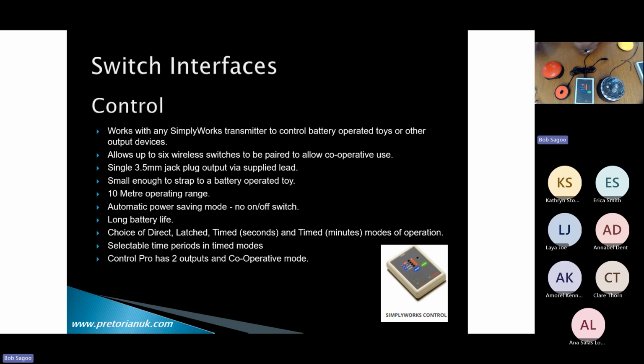Which means if you've got a classroom activity with a number of different individuals that want to access that particular activity, they can do that utilizing an assistive switch, be it a grass switch, a leaf switch, even a sip and puff switch. As long as they've got a 3.5mm end to it, you can plug it into the Send switch interface, and that will turn that assistive switch, which is wired, into a wireless switch, and it'll work with Control.